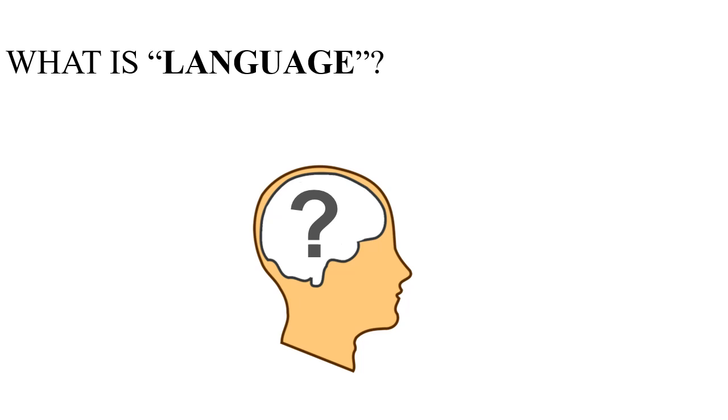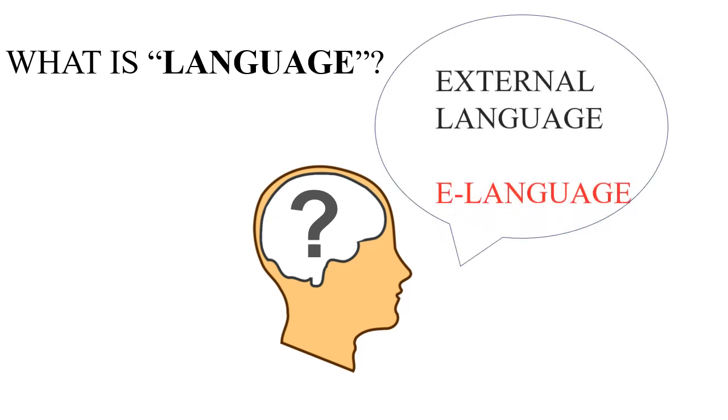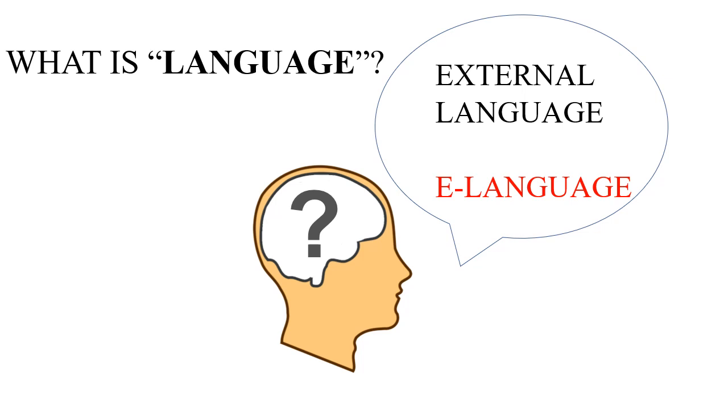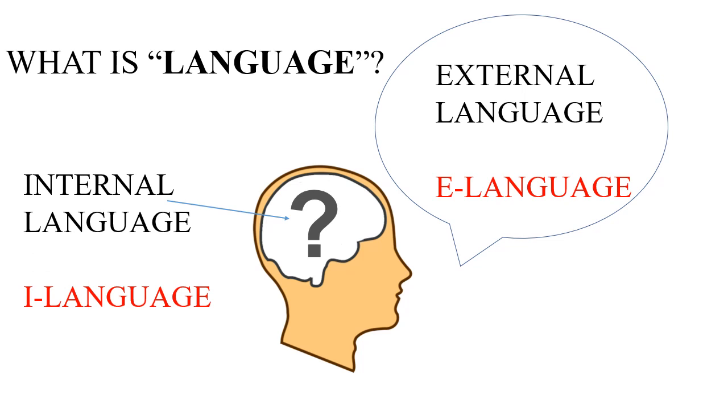So, to clarify what we mean by language, we need to make a very important distinction between what we're going to call the external language or the E-language, and what we mean by the internal language or the I-language. External language is what we hear, what you can record, what you can collect.